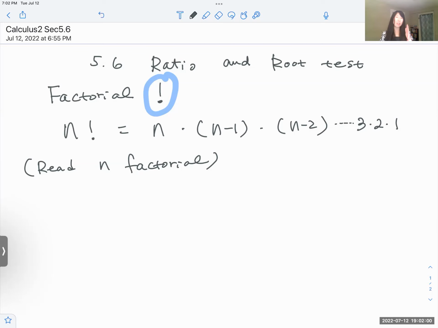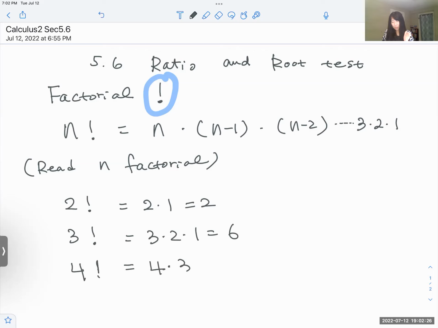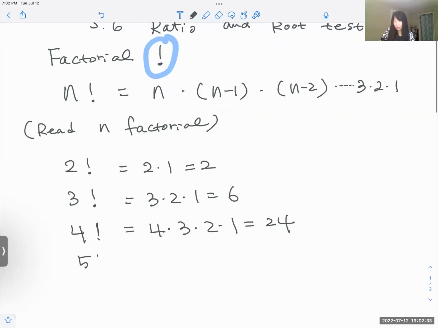Okay, then we start with the number and then reduce by 1 each time, and multiply each number, all right? So look, for example, 2 factorial is 2 times 1, which is 2. 3 factorial is 3 times 2 times 1, which is 6. 4 factorial is 4 times 3 times 2 times 1, which is 12, 24, okay? 5 factorial, we know that, right?